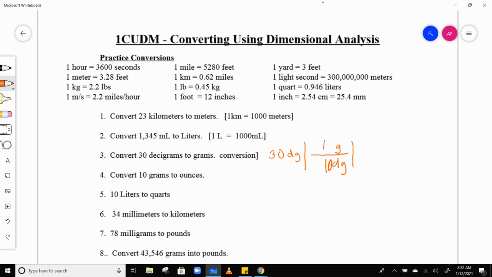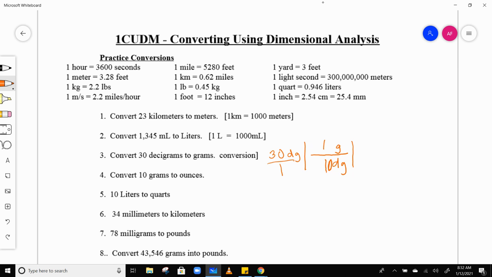So again, you could have 0.1 grams is 1 decigram, but I don't like using the decimals. So here's your conversion factor, this 1 gram for every 10 decigrams. You could put the 30 over 1 if you want to, but you don't really need to.